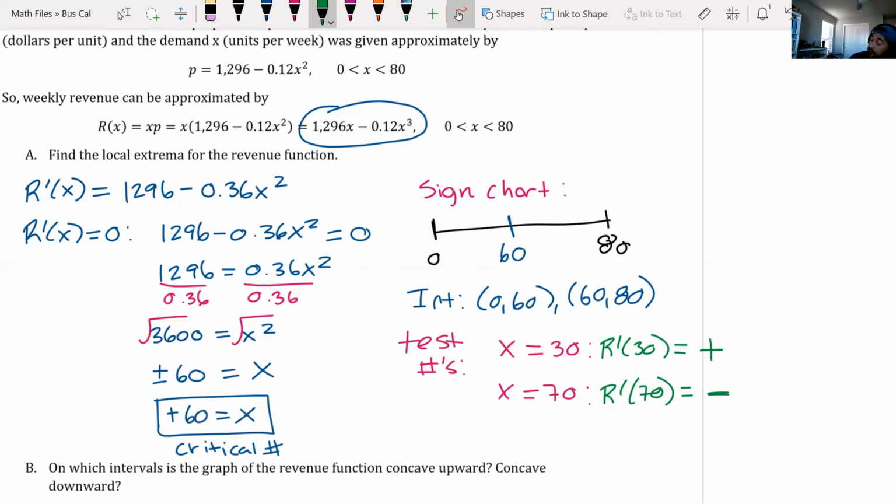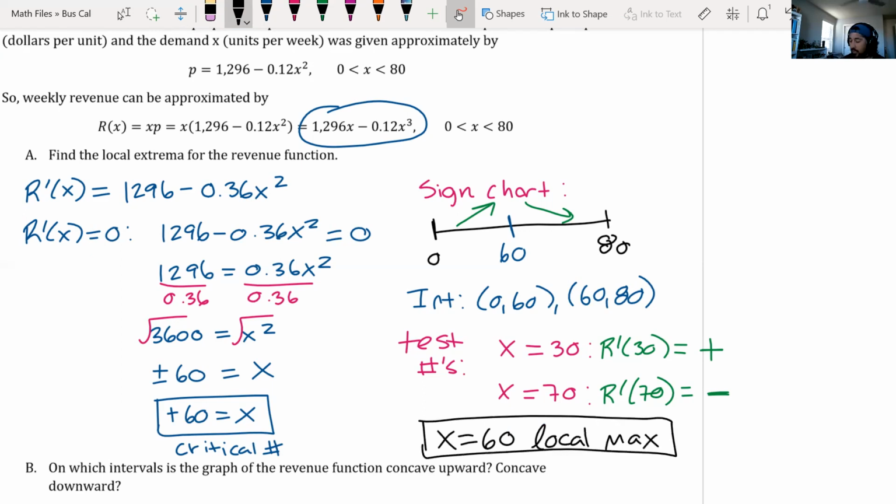So this means that from 0 to 60 it will always be increasing, and from 60 to 80 we will be decreasing. And all this is asking us is to find a local extrema. So if you look at 60, we increase and then we decrease. This means that 60 is a local max. That's it.